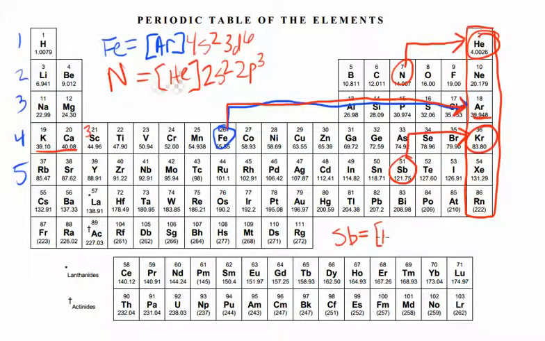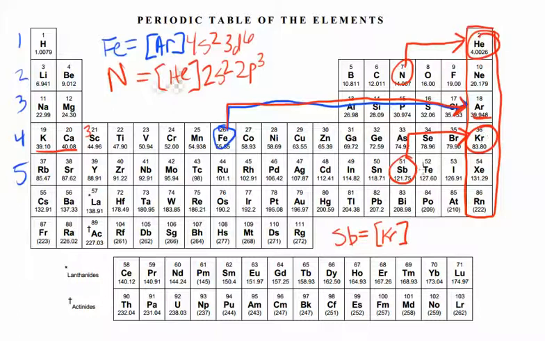The reason we use the noble gases is that krypton has 4 full energy levels. So antimony has the first 4 energy levels completely filled, and then we look at whatever energy level it's in to do the rest.